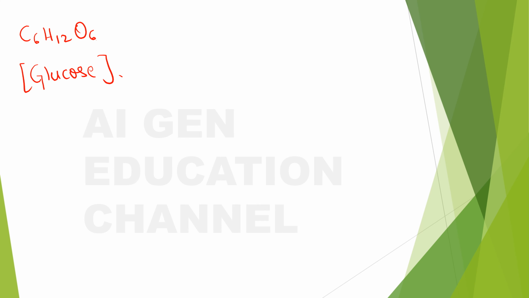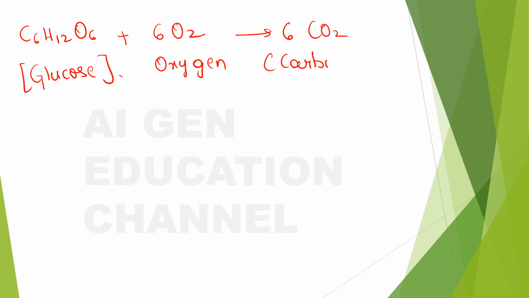So when this glucose is oxidized, or reacts with 6 molecules of oxygen, what we get is 6 molecules of carbon dioxide and 6 molecules of water plus what? Yes, not to forget energy, right?